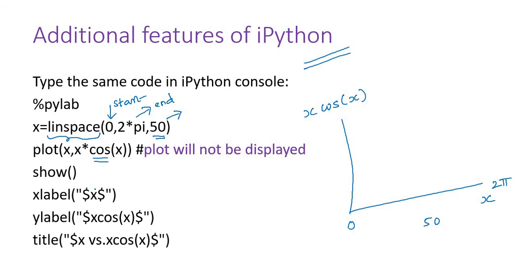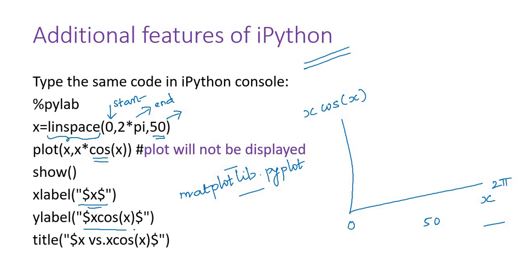This x label, y label, all those things we'll discuss in the matplotlib library, pyplot. Basically here I want to tell that whatever you give within these double quotes will be printed here.